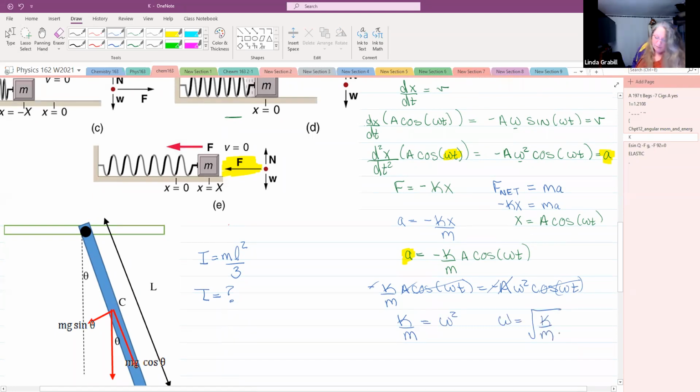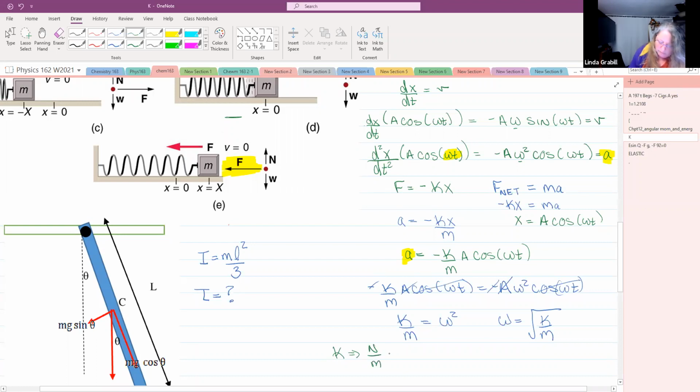That's what you're doing in lab this week. You're looking at something oscillating vertically or horizontally, and relating period and frequency to that oscillation. So remember k, let's look at those units. k has units of newtons per meter.